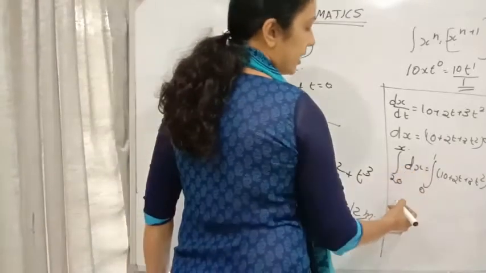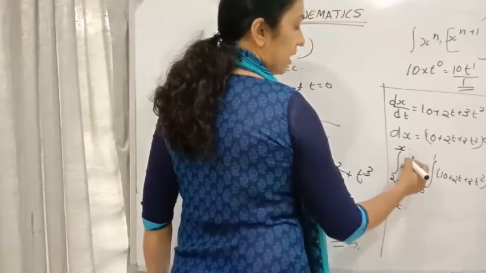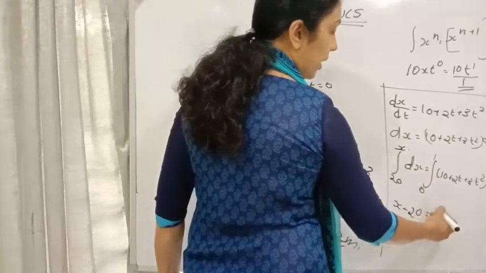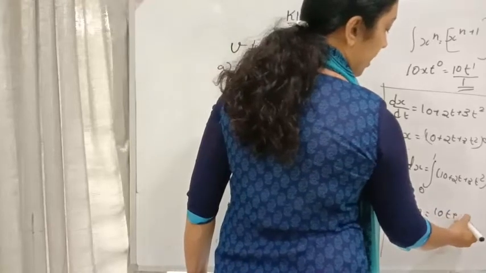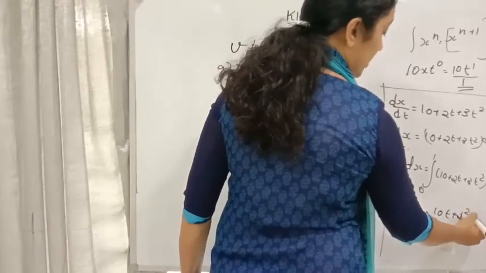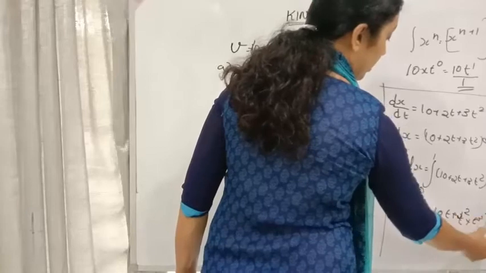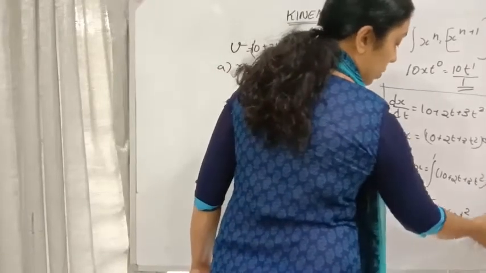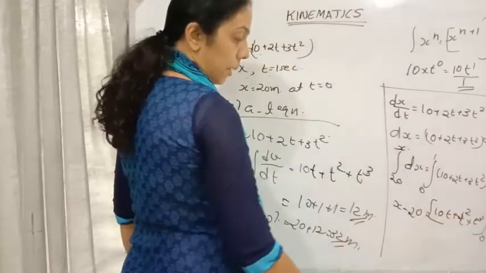So integral dx is x, and applying the upper limit minus lower limit, x minus 20 equals 10t plus 2t square by 2, that is t square, plus 3t cube divided by 3, that is t cube, from 0 to 1. First we apply the upper limit over here.